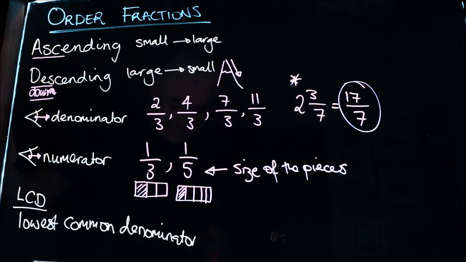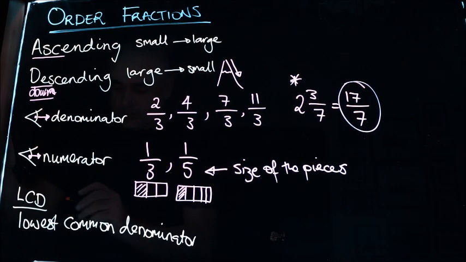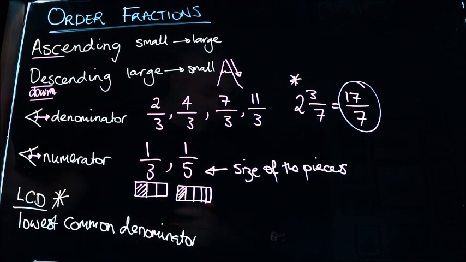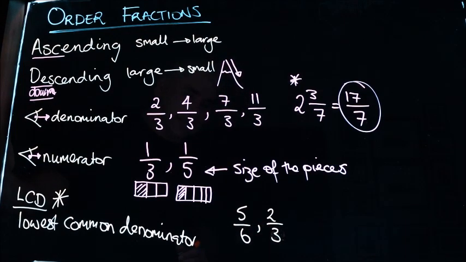So possibly the last set of questions here, if you're looking and you don't see either of those things, then you need to come down and work out the lowest common denominator. For example, say if we have 5 on 6 and 2/3 as 2 fractions that we need to compare and put them in order.